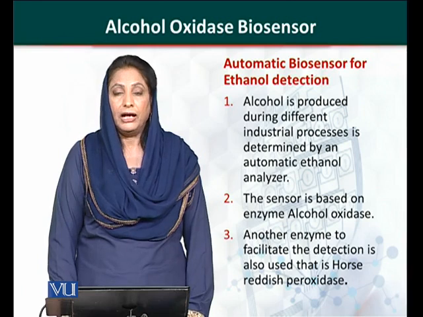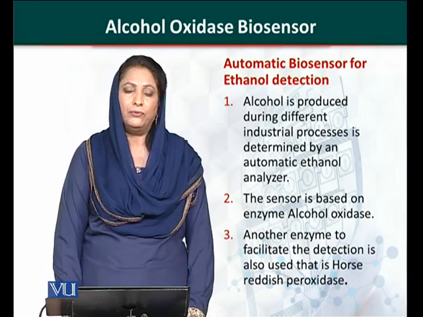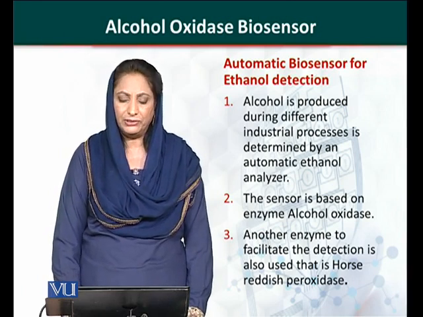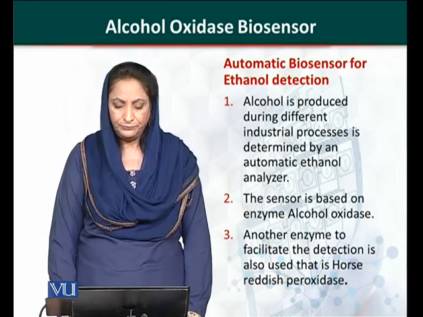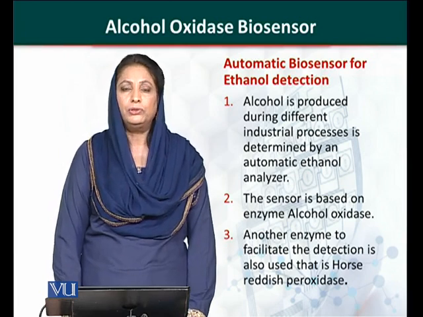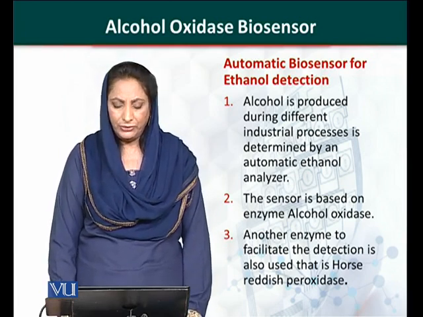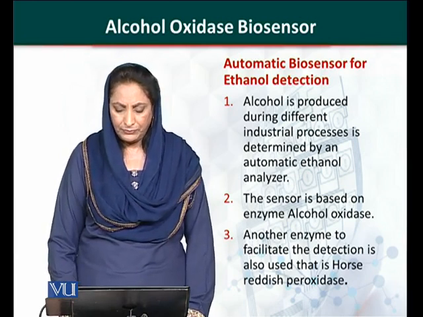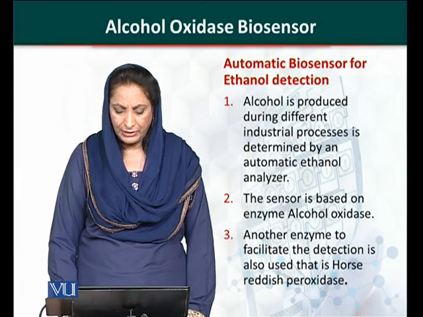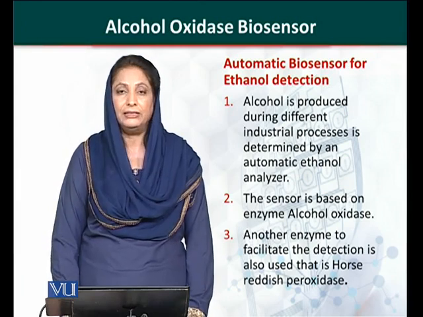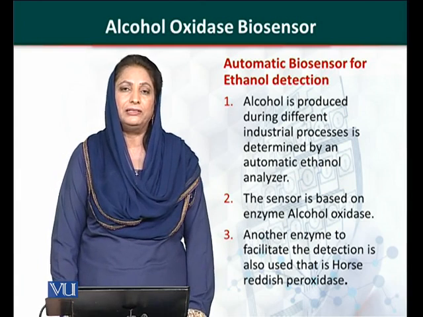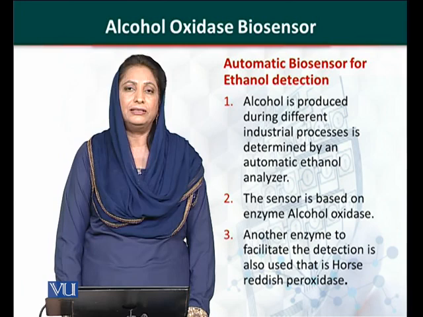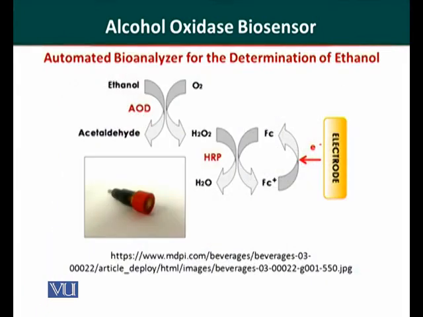Now, I will give you 2 examples of the alcohol biosensors. The first is the automatic biosensor for ethanol detection. Alcohol is produced in industry during different processes, and the sensor is based on alcohol oxidase. In this type of automatic system we use 2 types of enzyme. One is alcohol oxidase and the other is horseradish peroxidase.